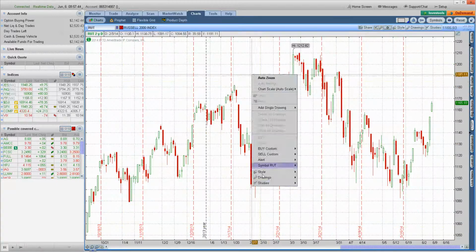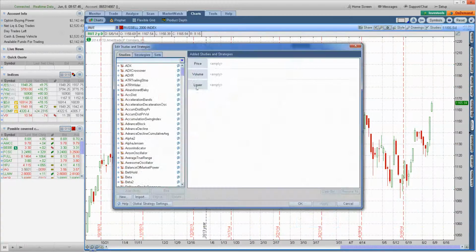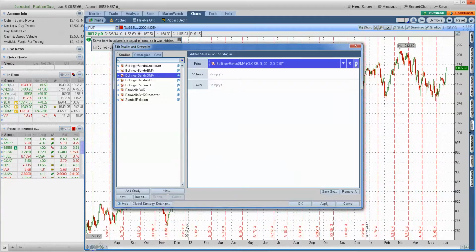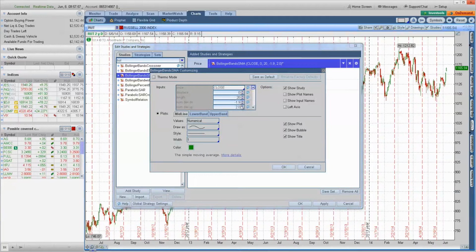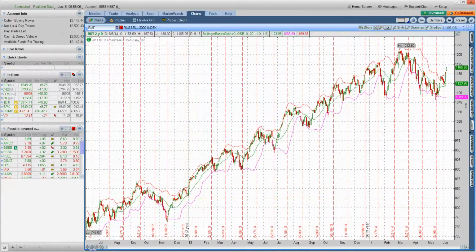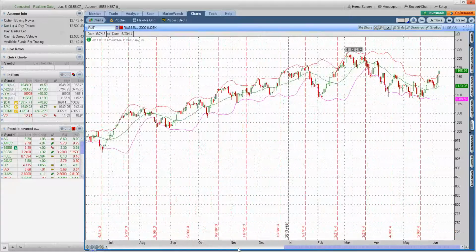And we're going to go to edit studies, and we're going to add what is called a Bollinger Band. We'll just do a simple moving average. And we're going to go 1.9 and 1.9 and hit OK. And we are outside of this Bollinger Band.